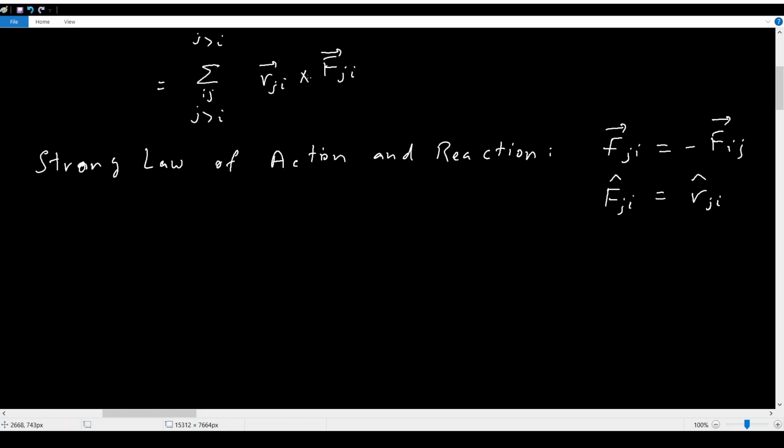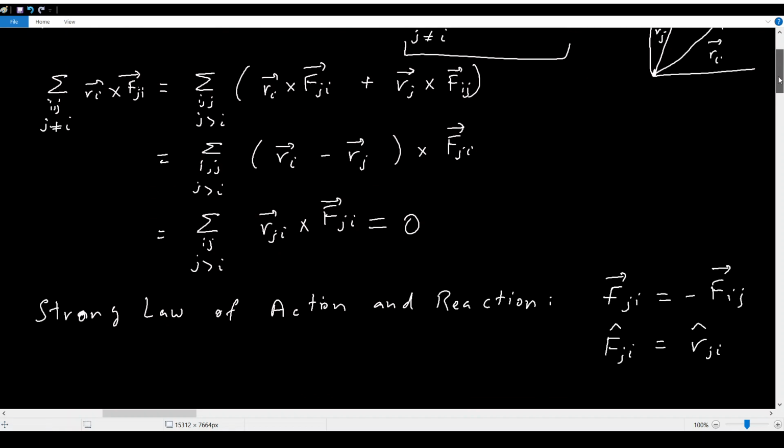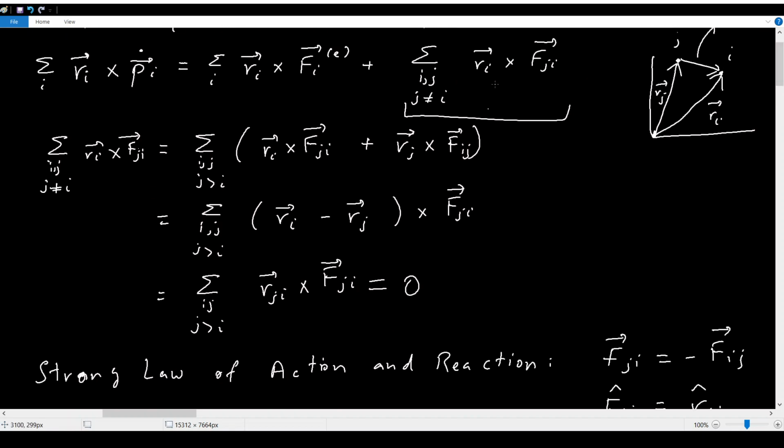Okay, so because we make this assumption, because they are in the same direction, the cross product has to be necessarily zero. Right. So let us go back up and even further. Okay, so in the equation for all the particles that we had here, this just becomes zero.